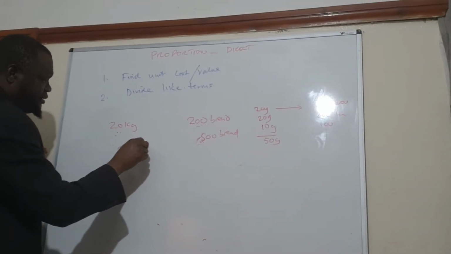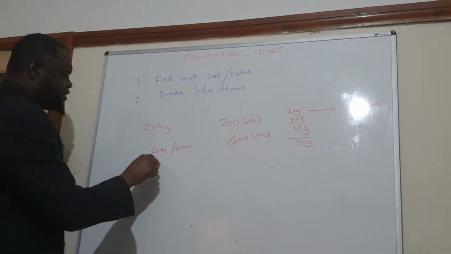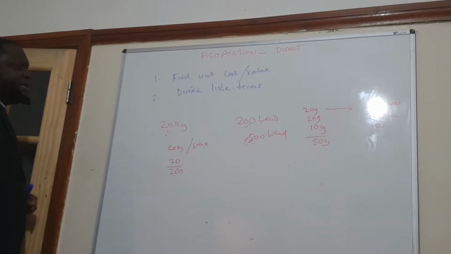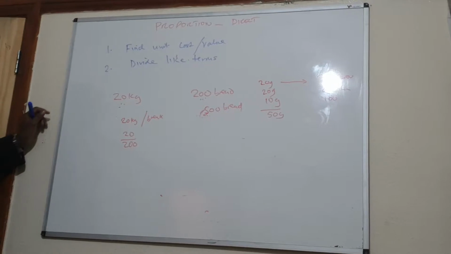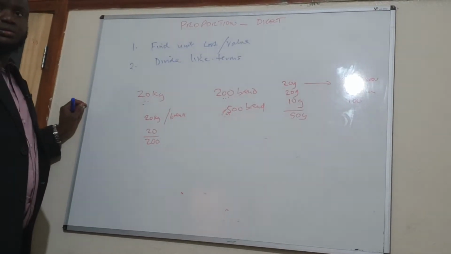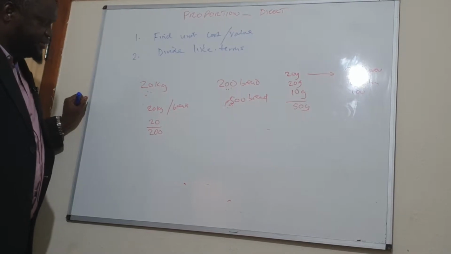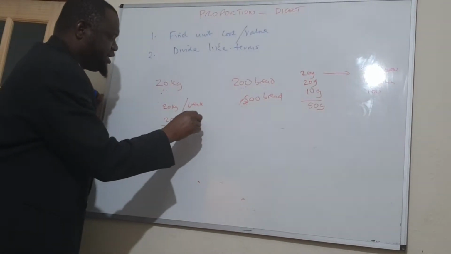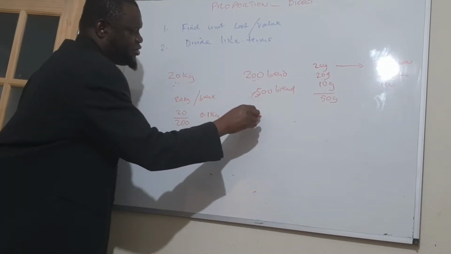That's what you want to find, the unit cost. So therefore, 20 divided by 200, not 200 divided by 20. You need 0.1 kilogram of flour to make one bread. So that is going to be the unit cost.